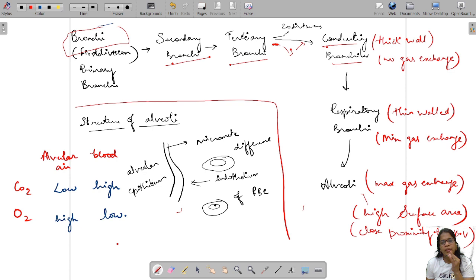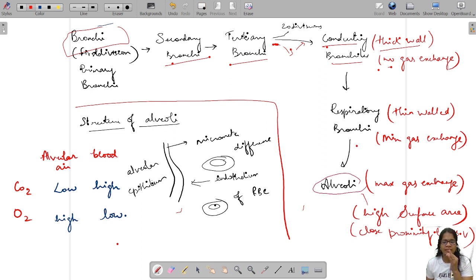These conducting bronchi have a thick wall, and thus no gaseous exchange would happen in them. They would further divide into small bronchioles called respiratory bronchioles, where thin-walled tubes are present, and with this thin wall minimum gaseous exchange would happen. Okay, and finally it will enter into the alveoli.